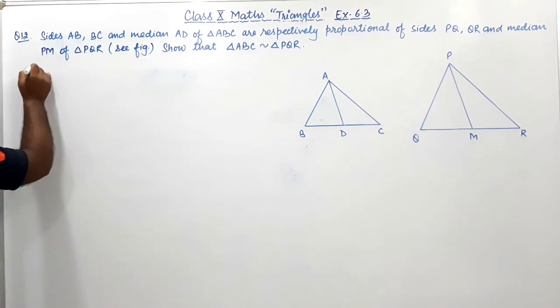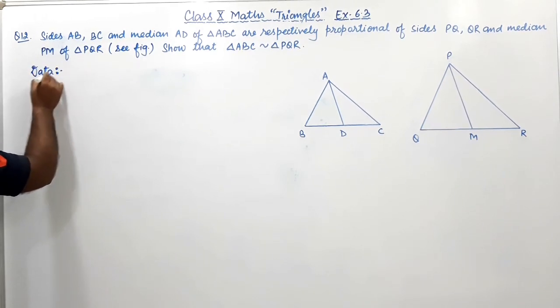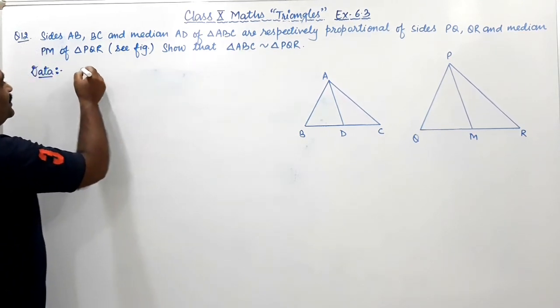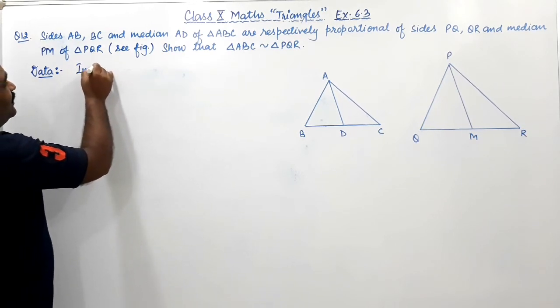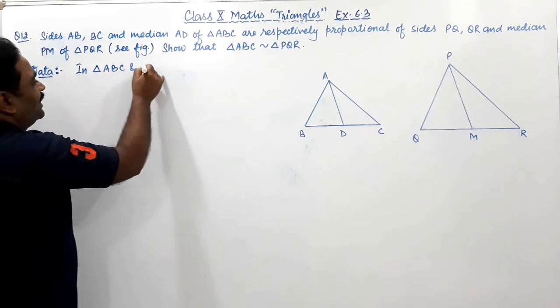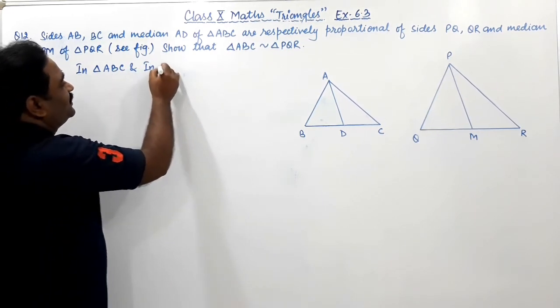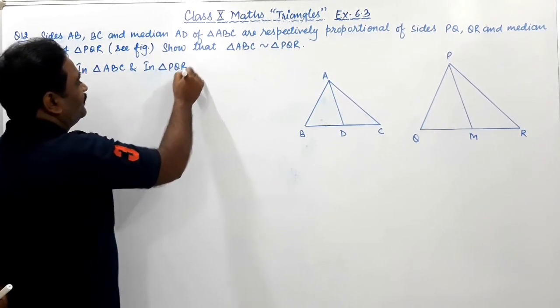ABC, in this data you need to write. In triangle ABC and triangle PQR, what are the given?